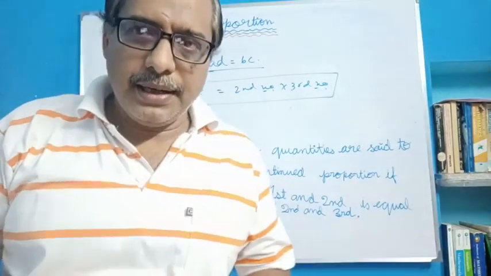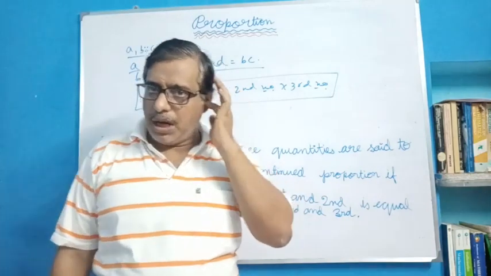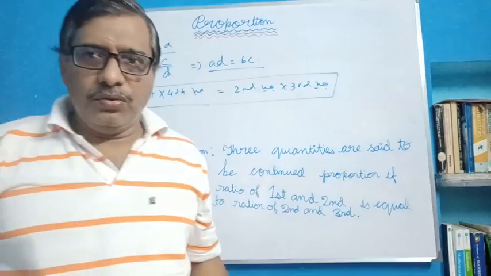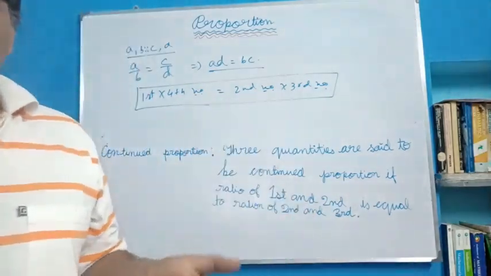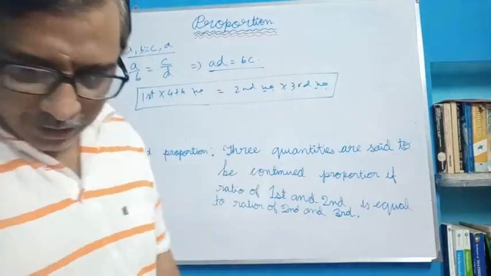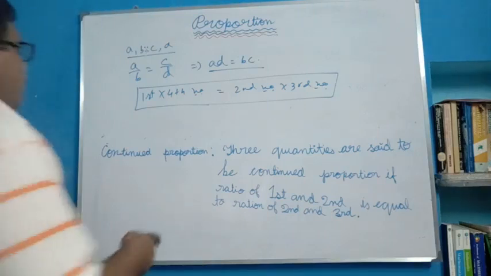If four numbers A, B, C, D are given and the question is whether these are in proportion or not, just check whether the product of first and fourth is equal to the product of second and third, then we can conclude these numbers are in proportion. Okay. Next, we study continued proportion.